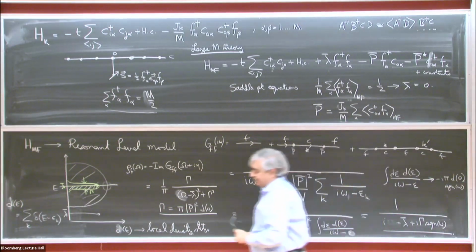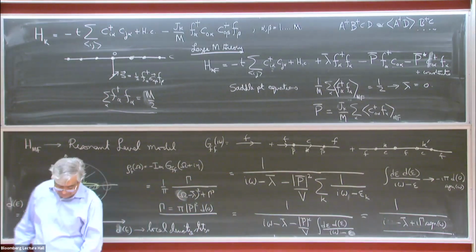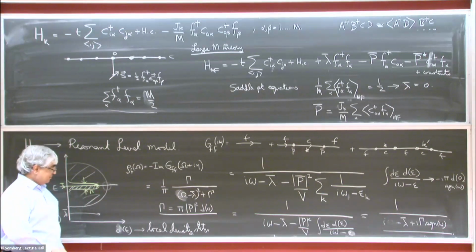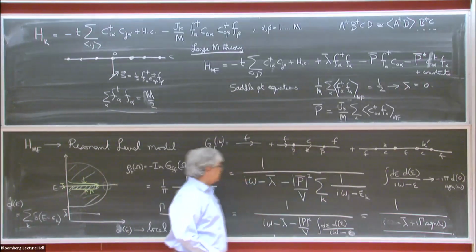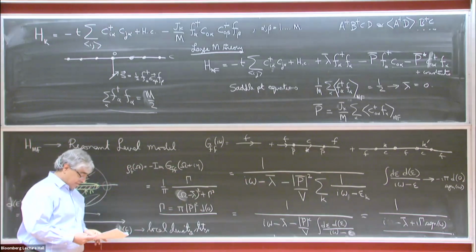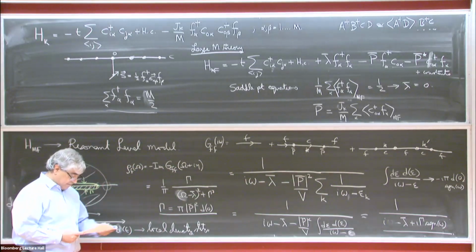So that involves determining the off-diagonal Green's function. I think I'm going to skip all the formalism. It's just very simple. These are just summing graphs like this. So let me just write down what the equation turns out to be.